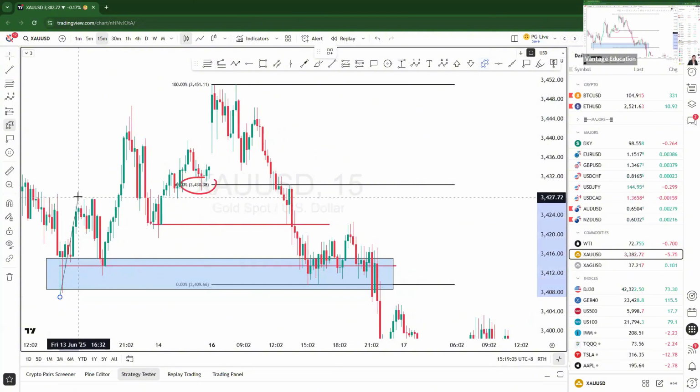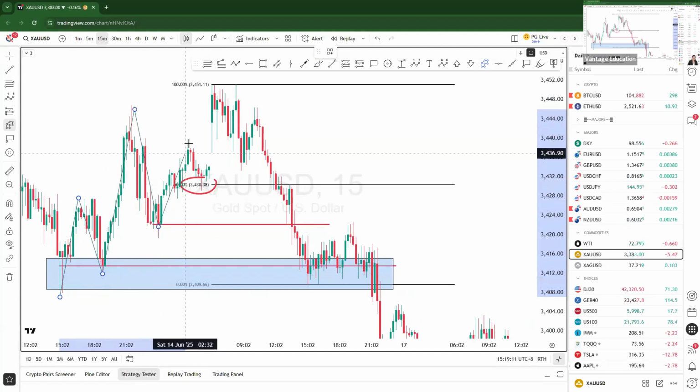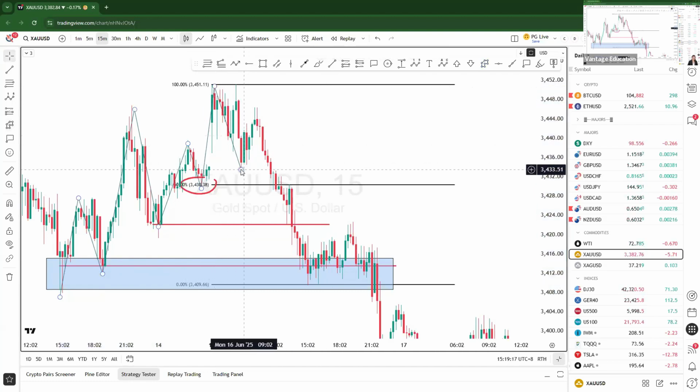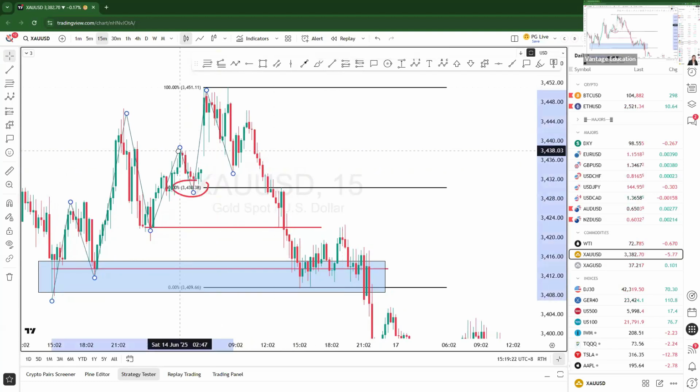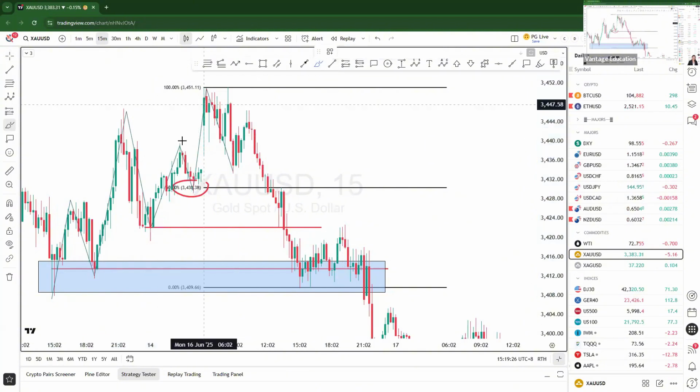Okay, lower high, higher high, higher low, higher high, higher low. It's a lower high, but never mind, the high here. Okay, and higher low. Okay, this is not considered the high, right? Because the previous high from this one is this one. Okay, this is just a slight pull back, just a slight pull back.